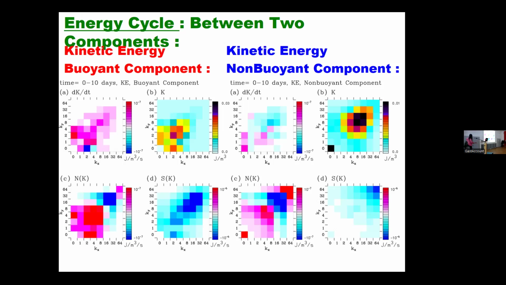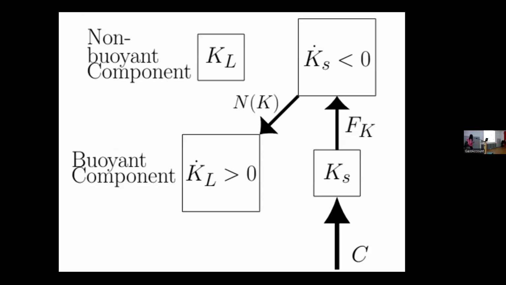So this is a very twisty story. So this is a summary of what I just said. The kinetic energy is generated from potential energy by the buoyancy term in the convective buoyant component, but we see only a small contribution to this forcing scale, and this is immediately converted into the non-buoyant component. That is somehow nonlinearly transferred into the buoyant component at large scale.